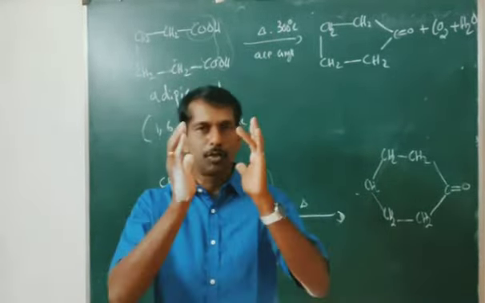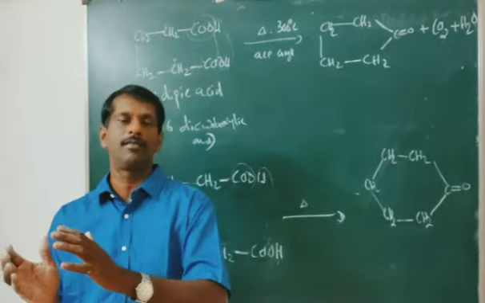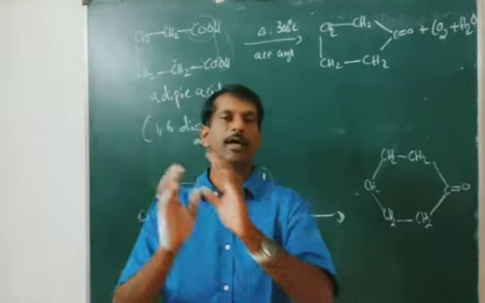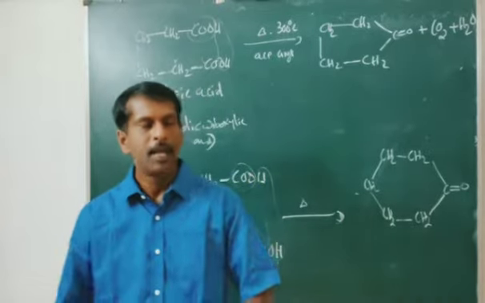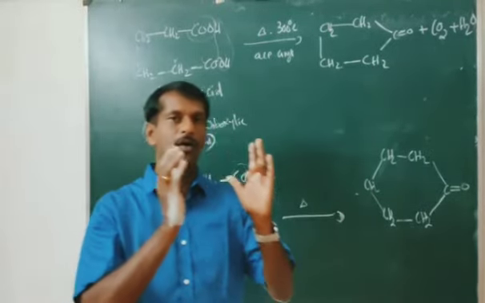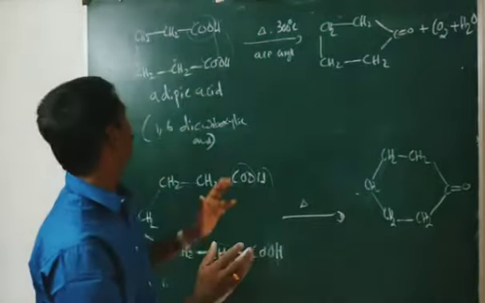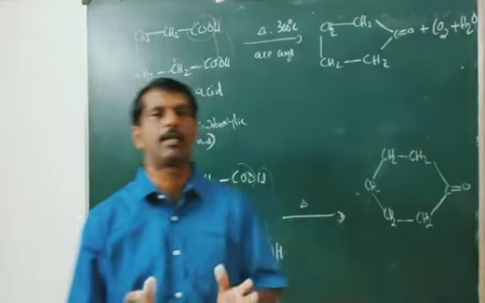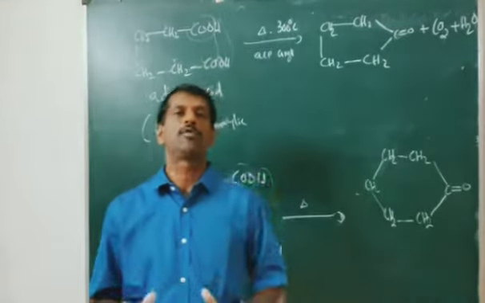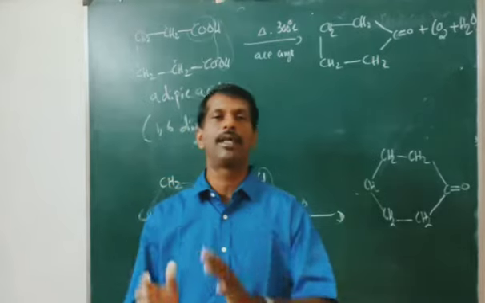Dicarboxylic acid with 2 or 3 intervening carbon atoms will undergo dehydration and will give cyclic anhydride. Dicarboxylic acid with 4 or 5 intervening carbon atoms will undergo both decarboxylation and dehydration and will give cyclic ketone.